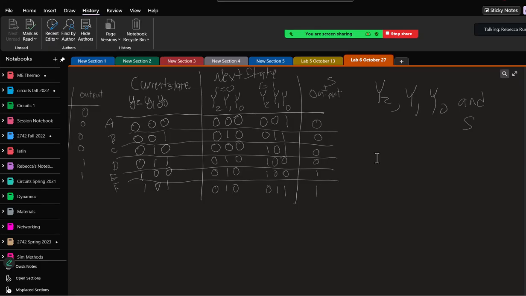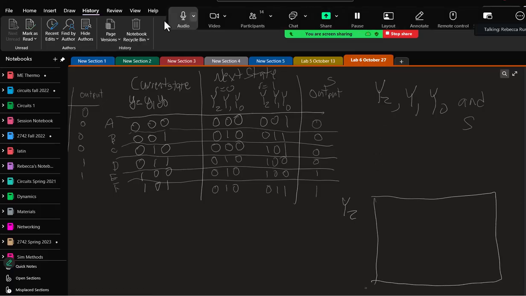Pay attention here, because this is where people tend to get confused. We're going to do y2 first, and we're going to make a Karnaugh map.